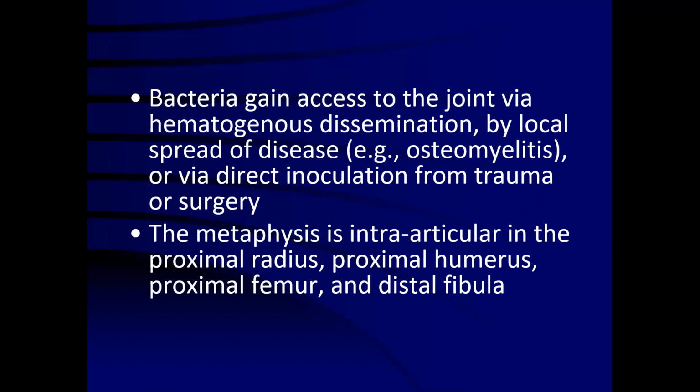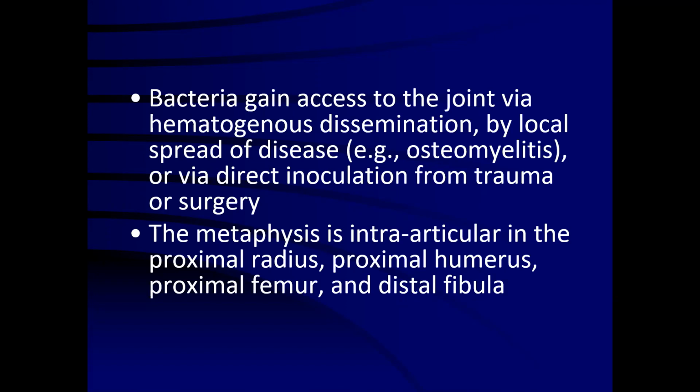These are the four areas. Why? Because the metaphysis is present within the capsule. So if you have an infection of the metaphysis, it can go into the joint and cause septic arthritis. So keep this in mind.